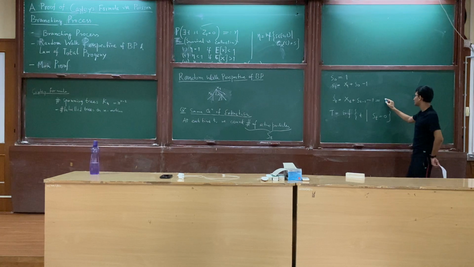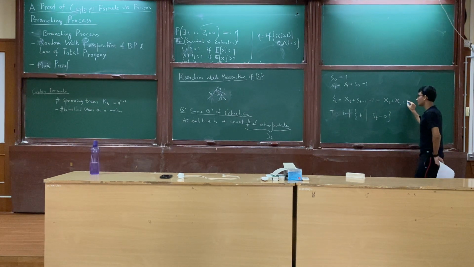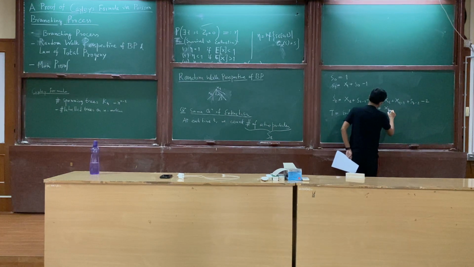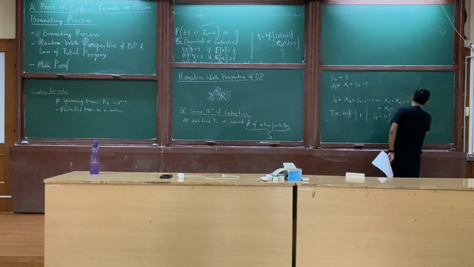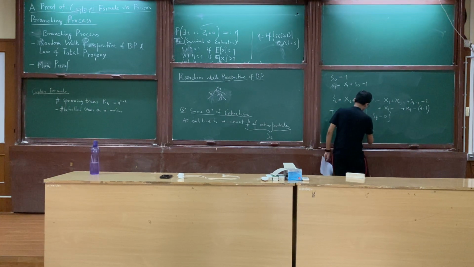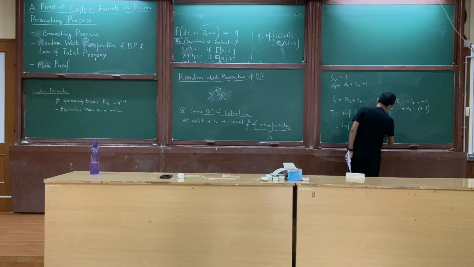Look at this. This is X_t plus X_{t-1} plus S_{t-2} minus 2, and as you go along, it will be nothing but the sum of X1 up to X_t minus t. So that means T will be the infimum of t such that X1 plus ... plus X_t equals t minus 1.